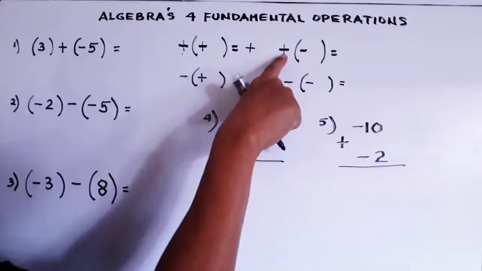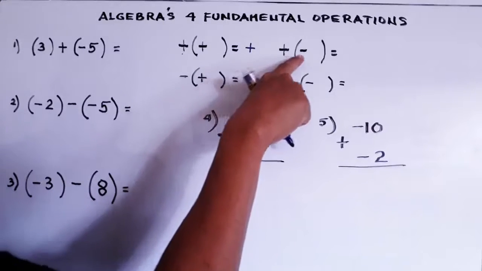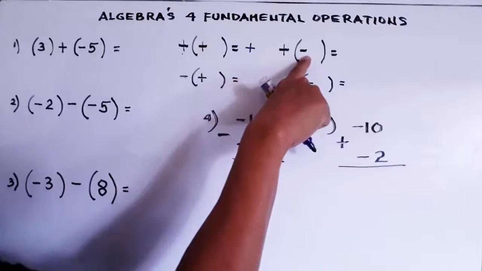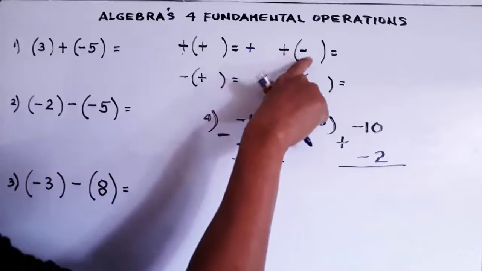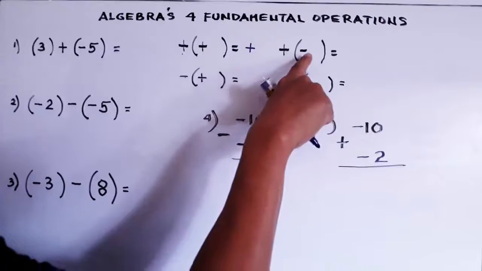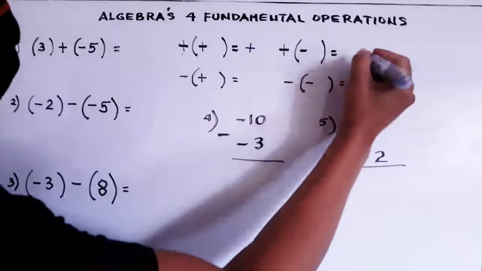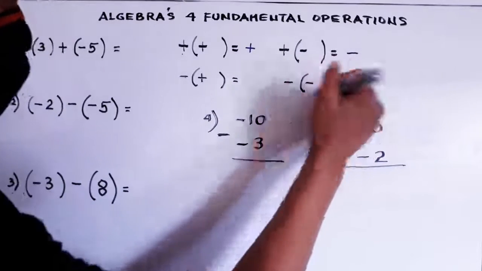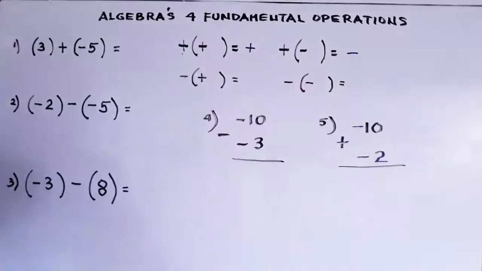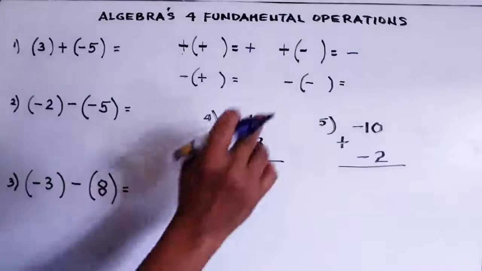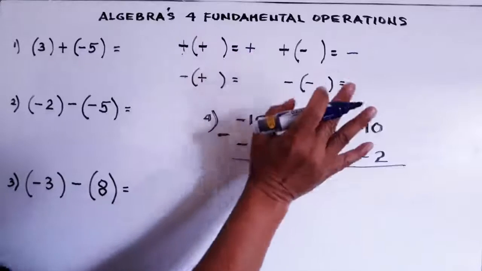If this one is positive, it does not care about the sign here when they combine. So when you combine them into one, this negative will stay as negative, because the positive here will not mind whether it changes or not, and it will not change.